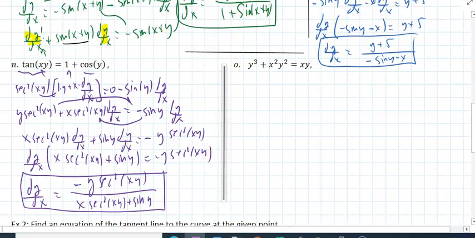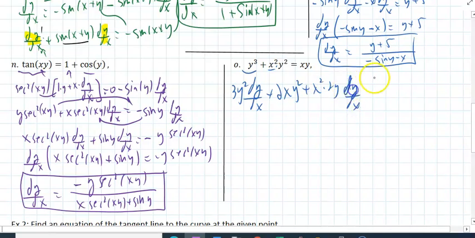And if I look at the last problem, well, derivative of y cubed is 3y squared dy/dx plus the product rule. Derivative of the first, 2x times y plus x squared times 2y dy/dx equals the product rule. 1 times y plus x times dy/dx.